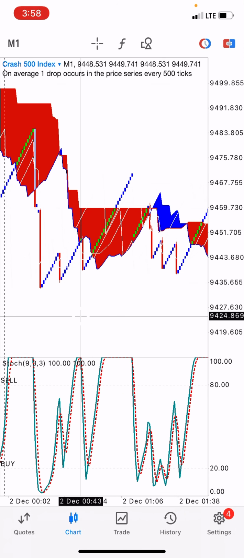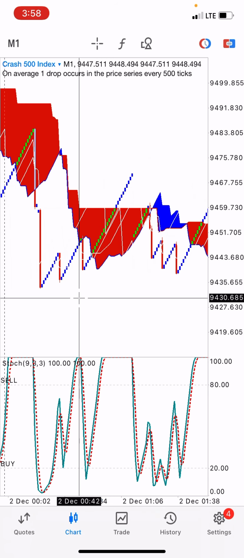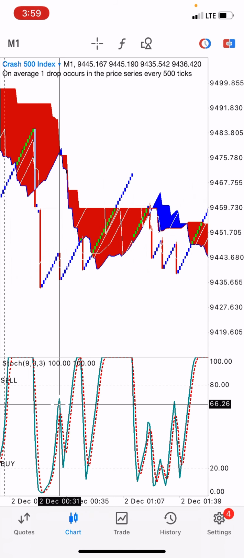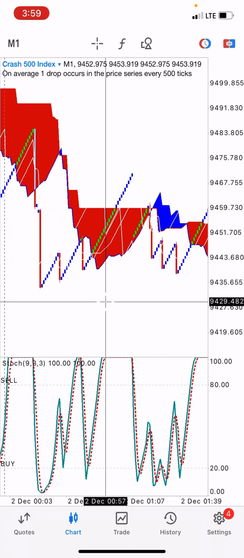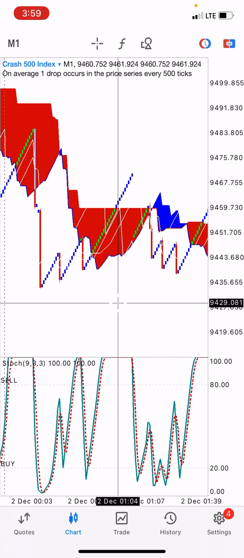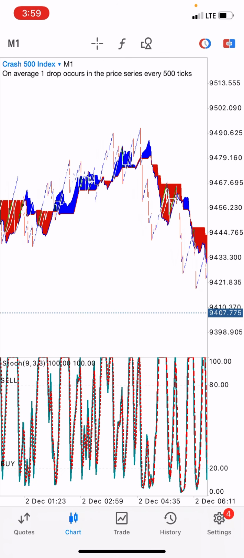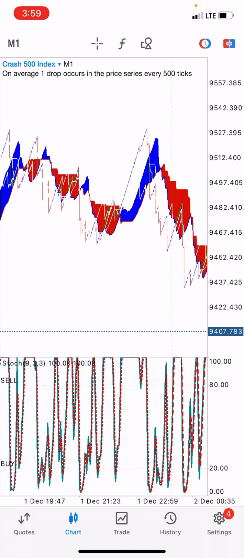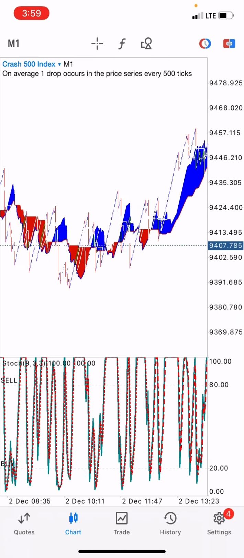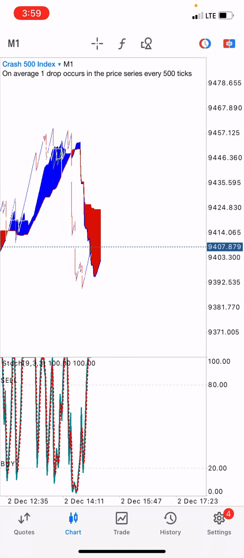If it doesn't get to 80, you don't sell. If it doesn't get to 20, you don't buy. That's the rule for the strategy. And also, Ichimoku must be giving a strong signal for up or down trend, depending if you are trading crash or boom.